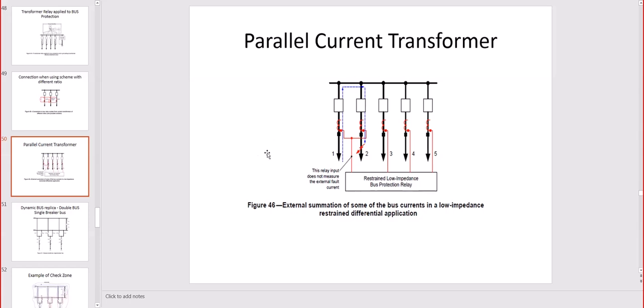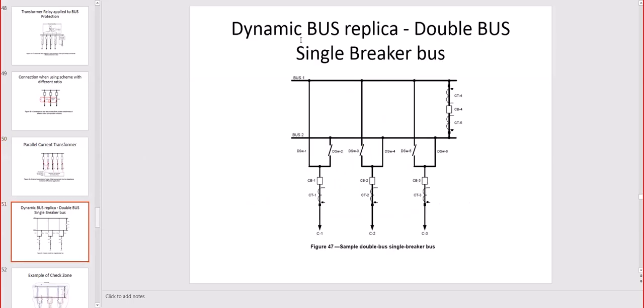Remember the slope 1, slope 2, that is there exactly for this, to disregard faults that are outside the zone. If the zone is included, then you want that to trip on the fault.